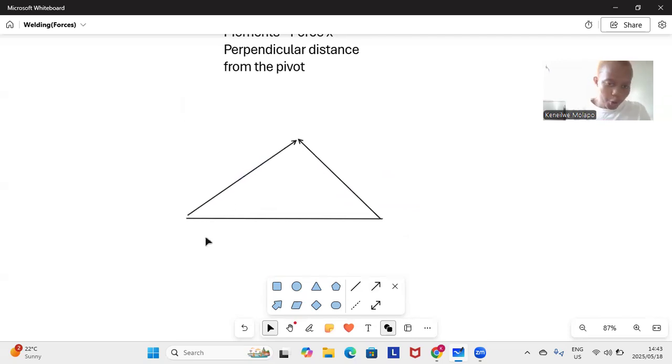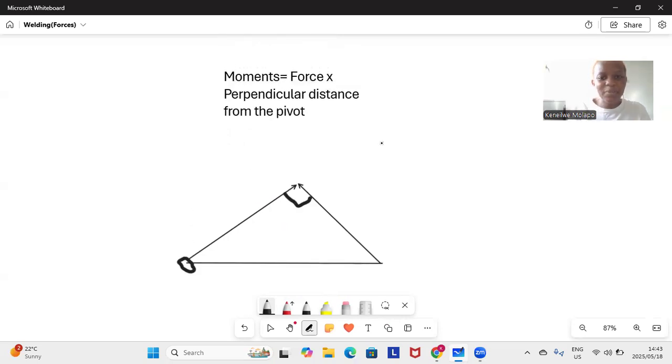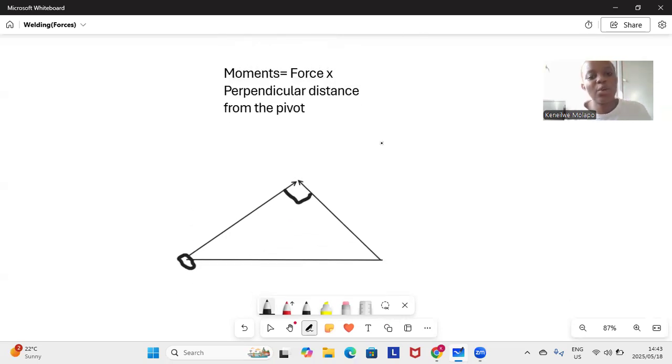So you have your pivot here, and you have your angle of 90 degrees here. You can see that this formula says moment equals force multiplied by perpendicular distance from the pivot.